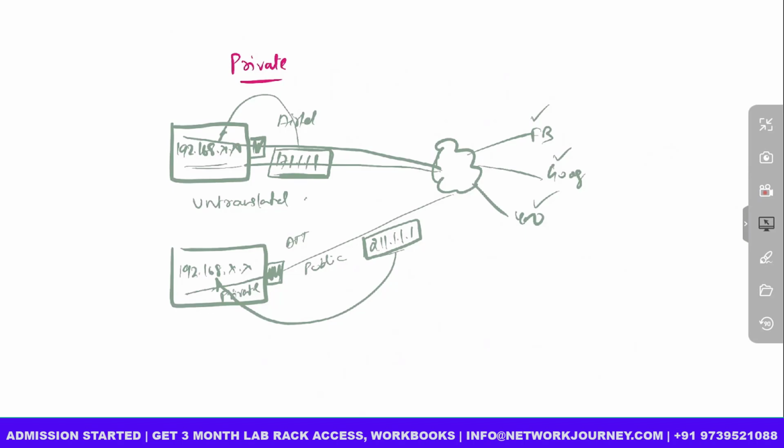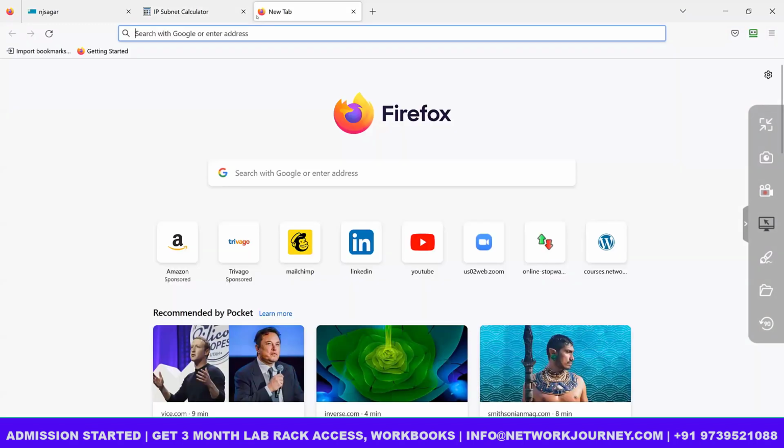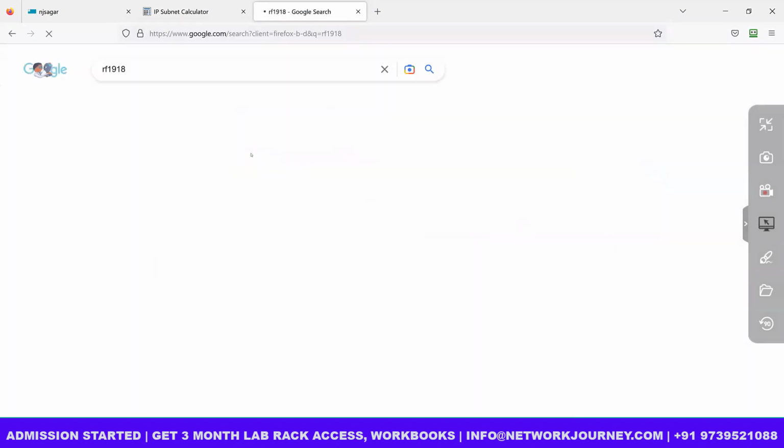So for that, we have a special segment which is reserved for private use only. These are non-routable IPs, and the rest are all public facing. So let's see the range of RFC 1918.